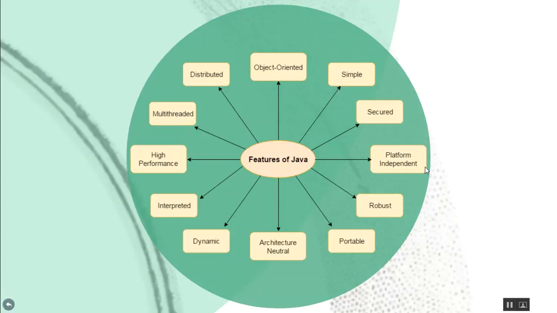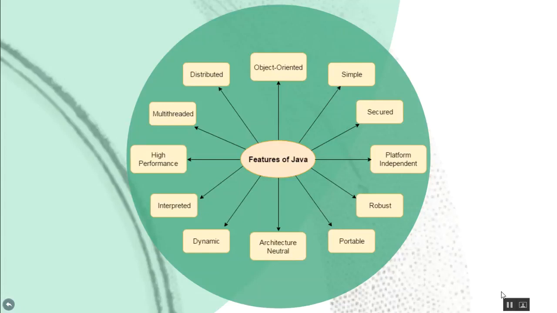According to Sun, the Java language is simple because its syntax is based on C++, removing the confusing parts, which are explicit pointers, operator overloading, etc. Java is object oriented.